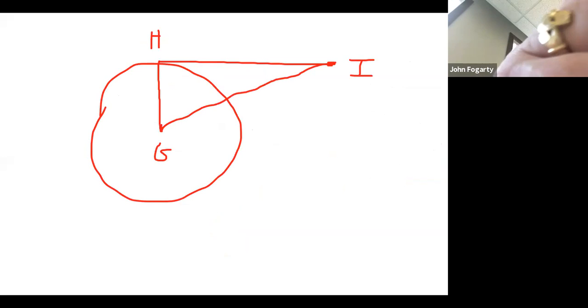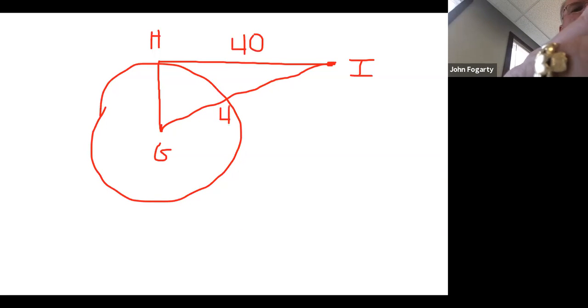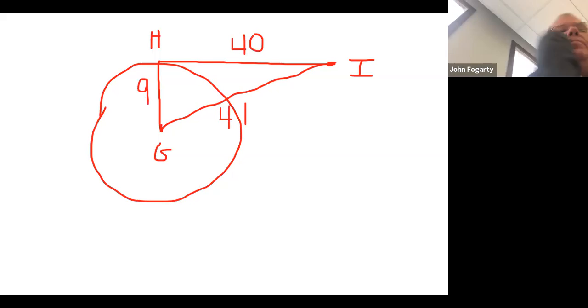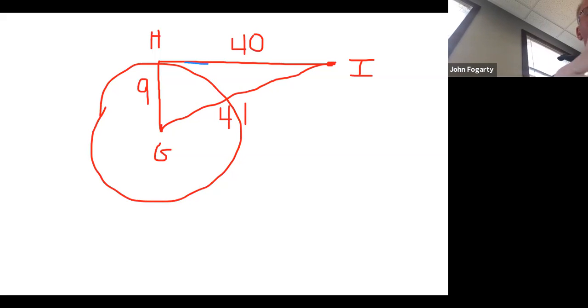And I'm going to tell you this is 40. And this whole thing is 41. And this is 9. Now, if I said to you, is segment HI, this segment right here, tangent to circle G?